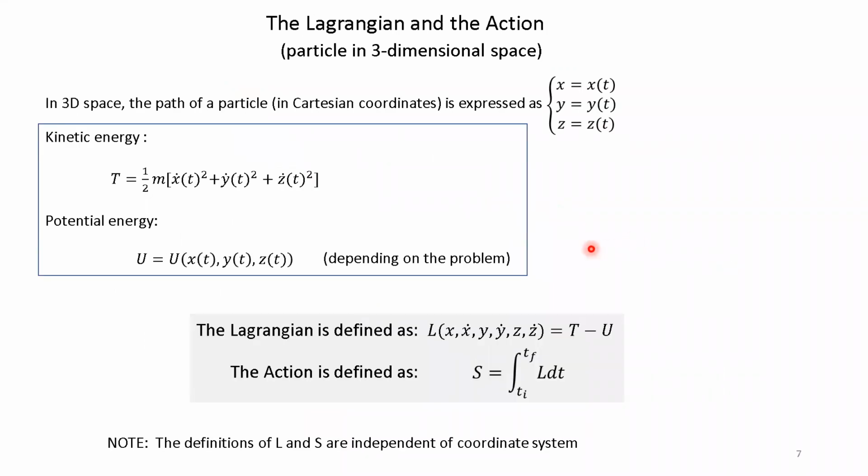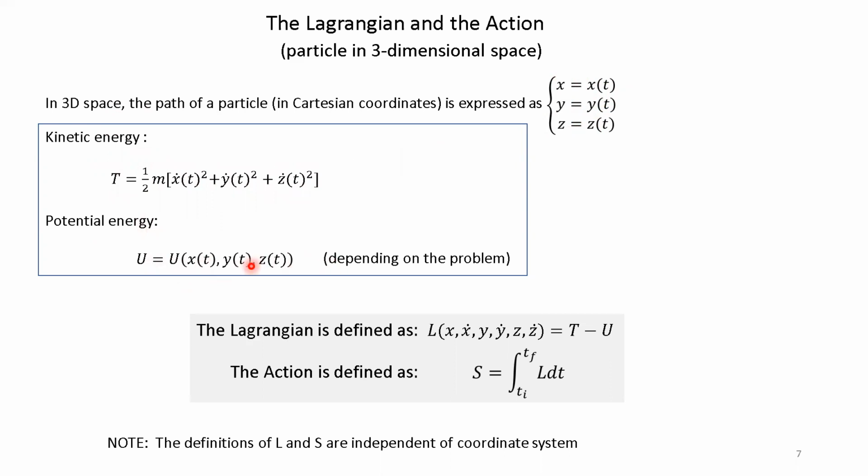Next, we need to talk about some problems that are more realistic. I have this 3-dimensional motion, where the path is defined as x as a function of t, y as a function of t, and z as a function of t. Now the kinetic energy would be this one, and the potential energy this one.